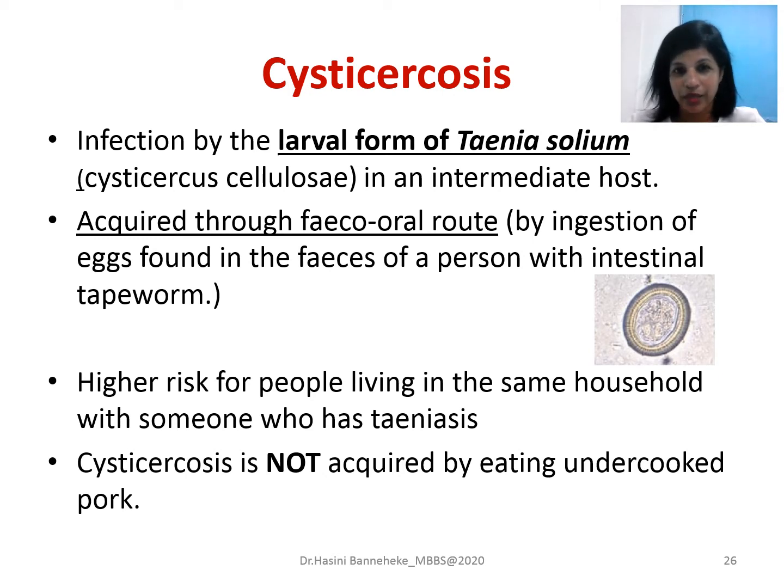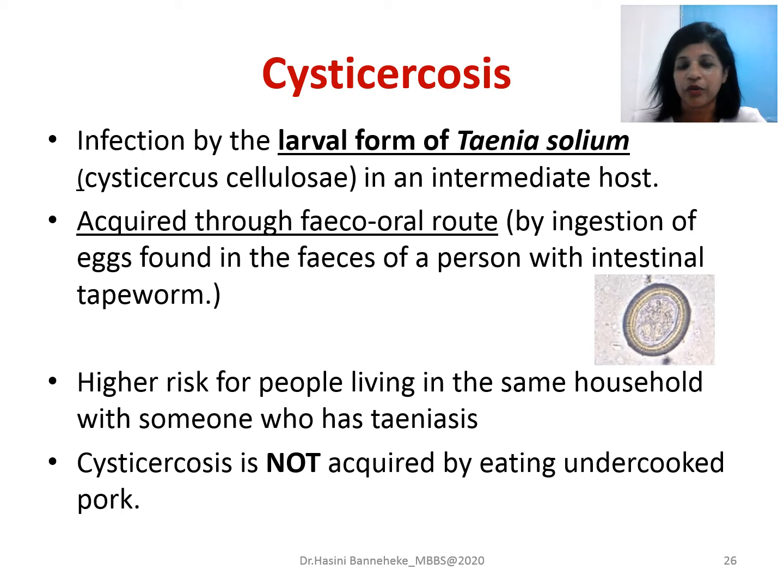Now, how do we acquire the larval form of the Taenia solium? If you remember the life cycle, to acquire the larval form, you have to eat the egg. The egg has the larva inside, so when we ingest the egg, then only we will get the larval stage settling in our body in various tissues.